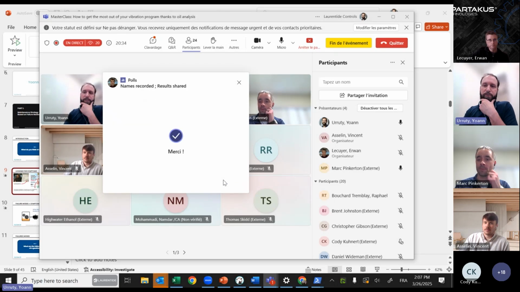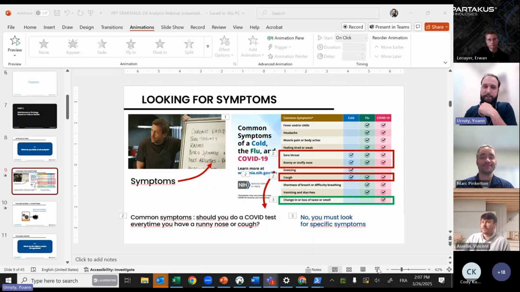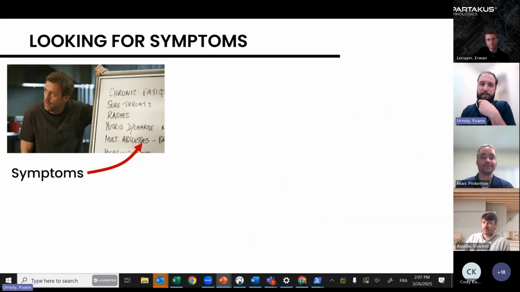And of course, we're able to see the results. More than 70% estimate that it's an essential tool. Some people think that it's somewhat useful, and some people think, well, what is oil analysis? That's great to learn that no one thinks it's a waste of time. So that's good news. Thanks everyone for your feedback.